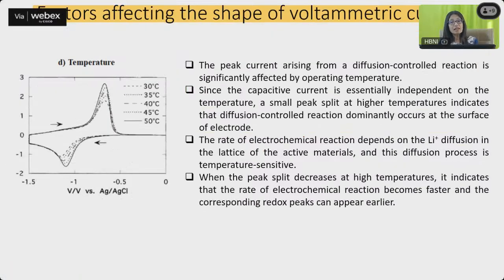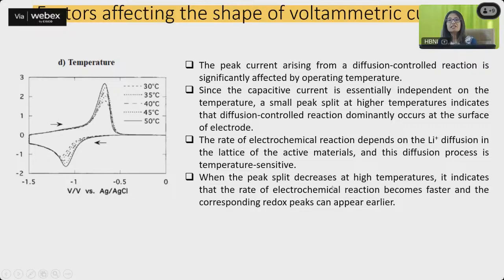Then temperature. Peak current which arises from a diffusion control reaction is significantly affected by your operating temperature. If you look into this particular CV plot over here, this is corresponding to 30 degrees centigrade, and the solid line is corresponding to 50 degrees centigrade. You see the rate of the electrochemical reaction depends on lithium ion diffusion in the lattice of the active materials, and this diffusion process is temperature sensitive.